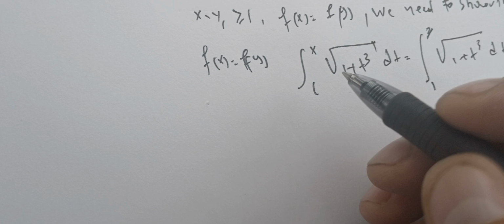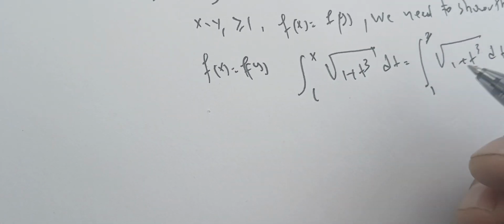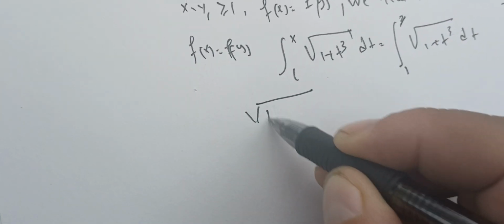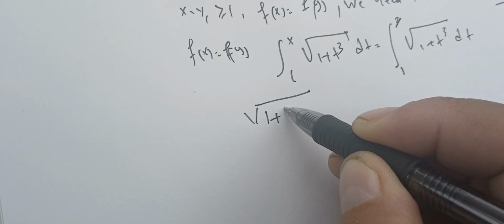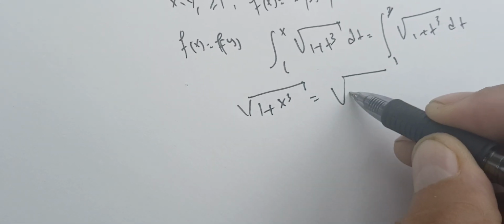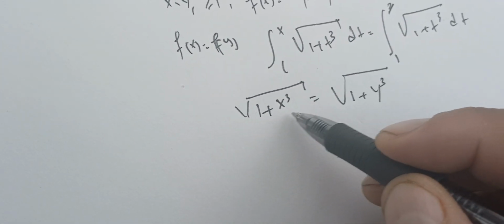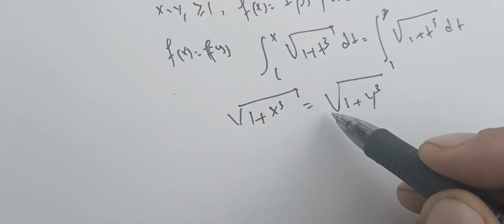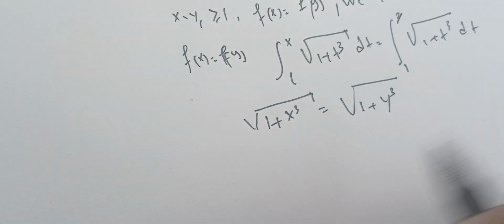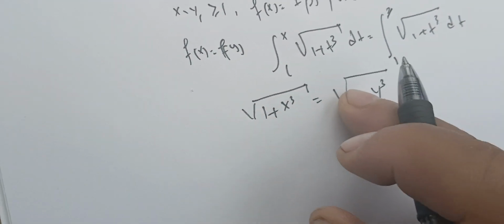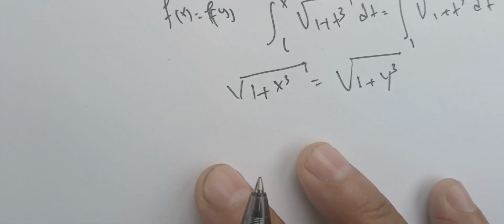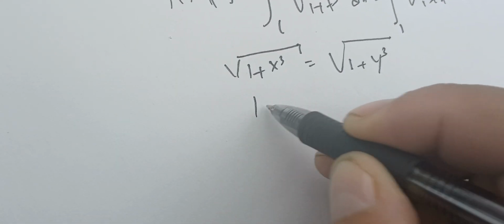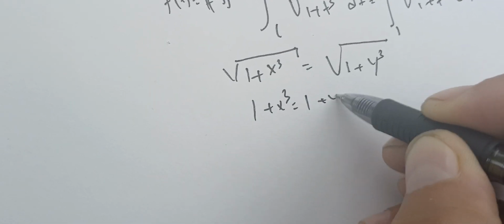If we differentiate, according to the fundamental theorem of calculus, we get the square root of 1 plus x cubed is equal to the square root of 1 plus y cubed. So raising everything to the square, because here everything is positive, we have 1 plus x cubed is 1 plus y cubed.